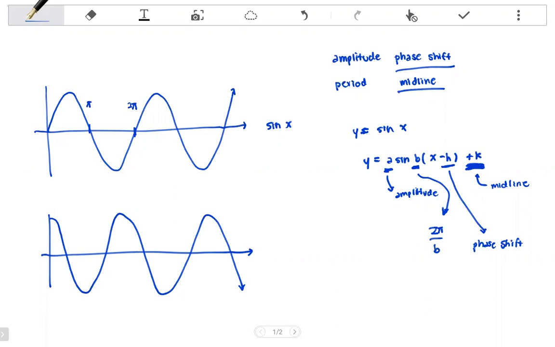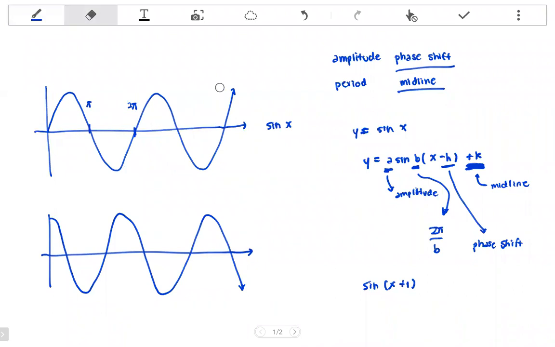So if we add sine of x minus 1, then we're moving the sine graph 1 unit to the right, right? Since it's minus 1, you move 1 unit to the right. So it would look something like this. And vice versa, if we do plus 1, we're moving it 1 unit to the left. So it would look something like this from the normal sine graph.